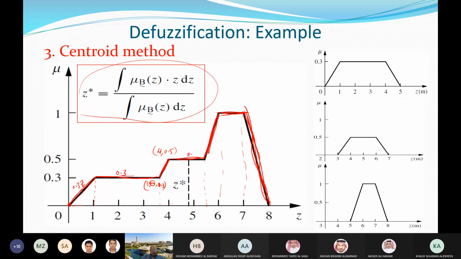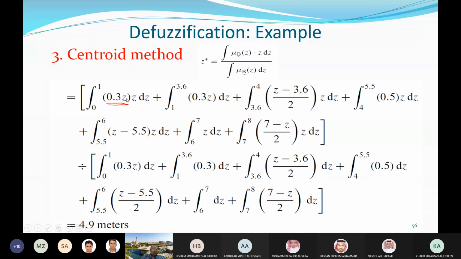This is equal to 0.5, and based on this point and that point, you can write the straight line equation and so on. So you can calculate 0.3z times z, integrated between 0 and 1, and 1 and 3.6.